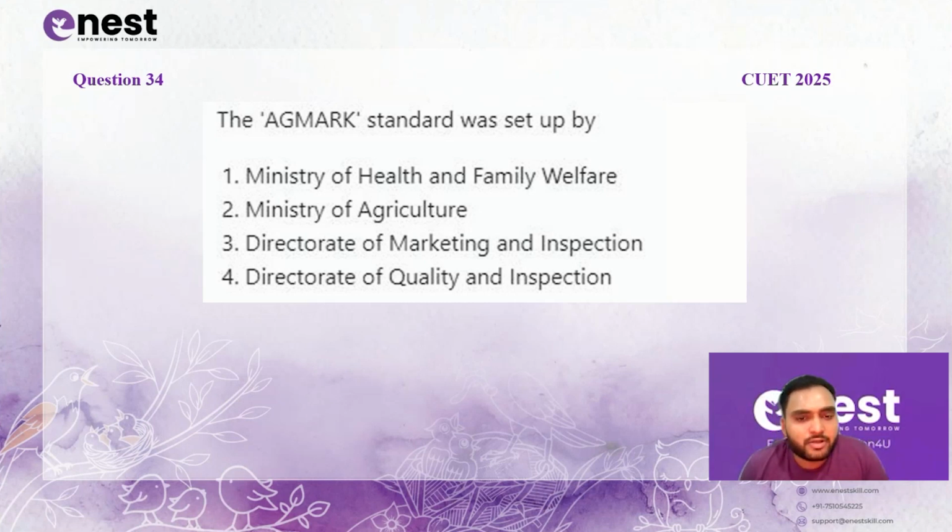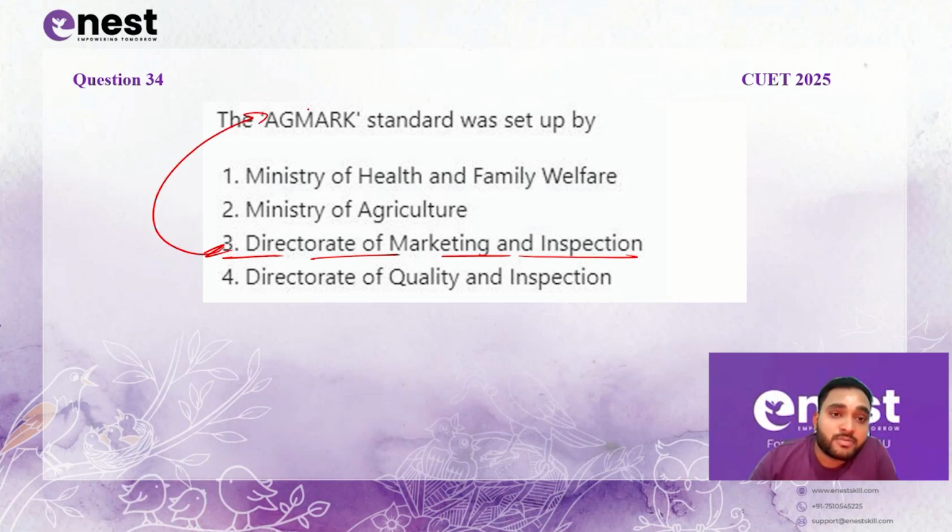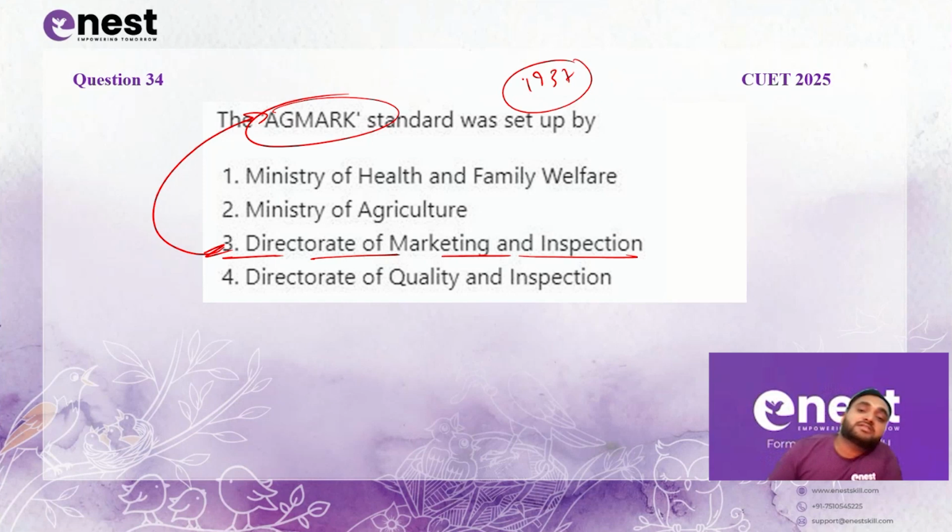At that time I told that the Directorate of Marketing and Inspection, that is the third option, is the one which was responsible for setting up the egg mark. It was established in 1937, the Agricultural Produce Grading and Marketing Act, which is the full form of this egg mark. It was applied on agricultural products, and it used to be an indicator of their authenticity and their high quality.